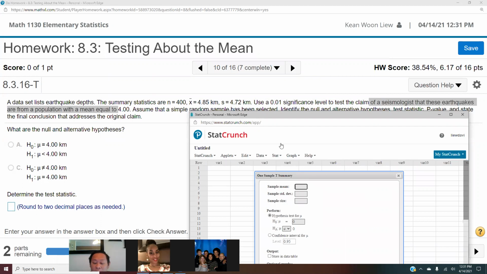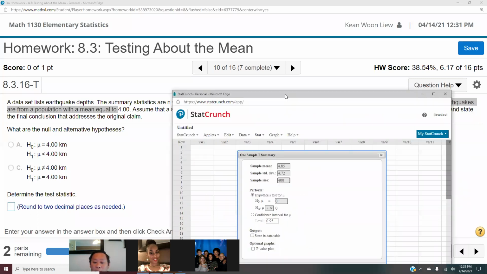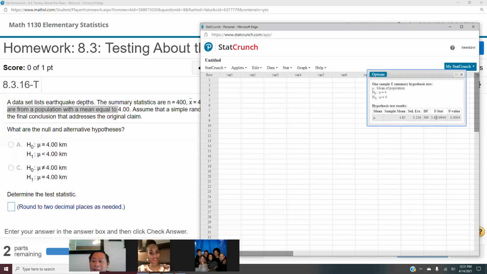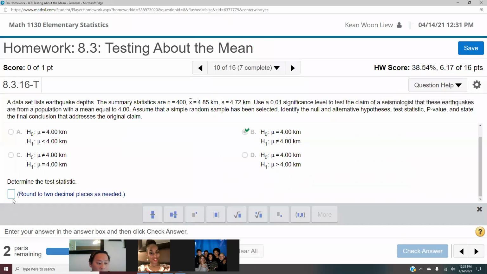Type in the information provided: the mean is 4.85, the standard deviation is 4.72, and the sample size is 400. We are testing that the mean is 4 kilometers, with the alternative not equal to. The T-stat is the test statistic here, and it should be 3.6 in this case.